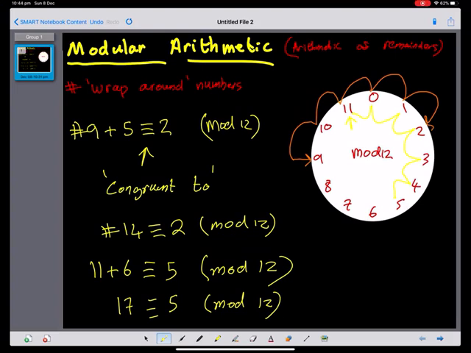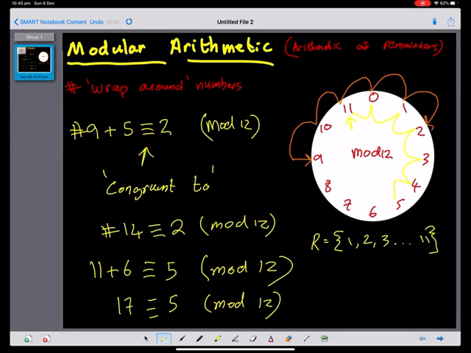Okay, so sticking with the clock, let's have a look at the residues. Now, the residues are the allowable numbers, the allowable remainders on division by 12. So the residues simply are going to be all the numbers 1, 2, 3, to 11.